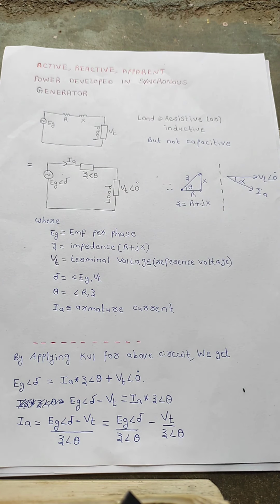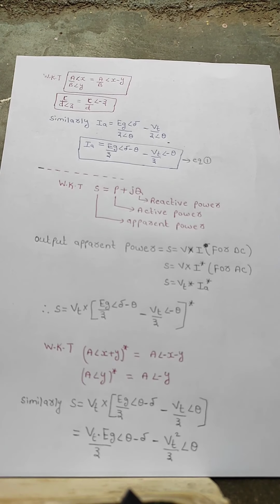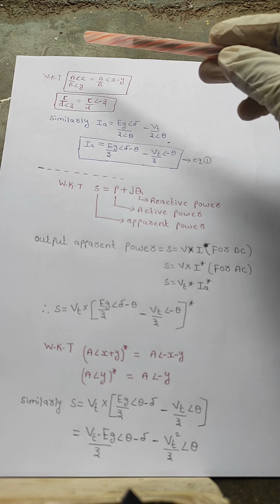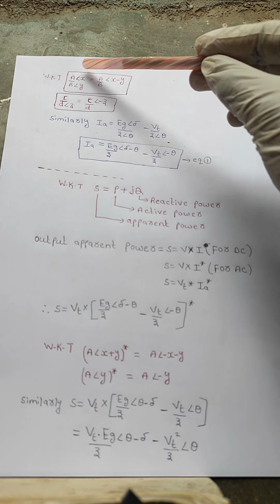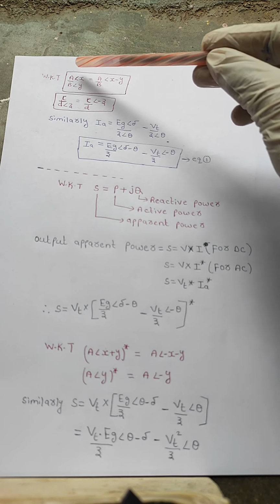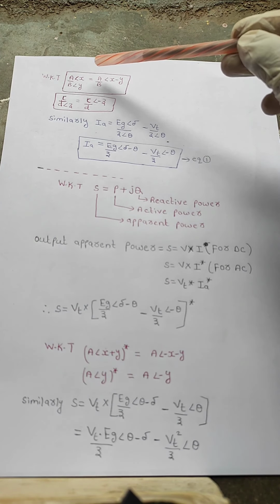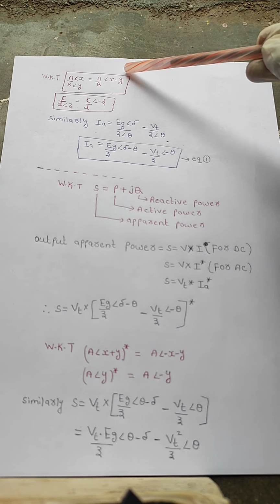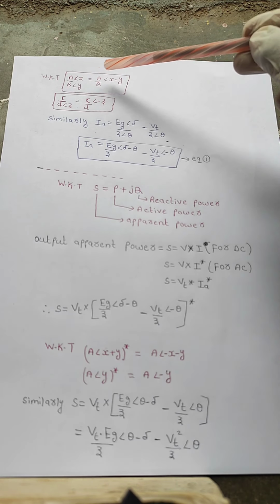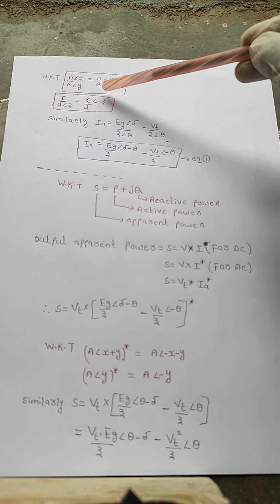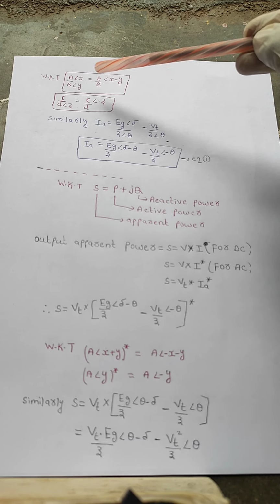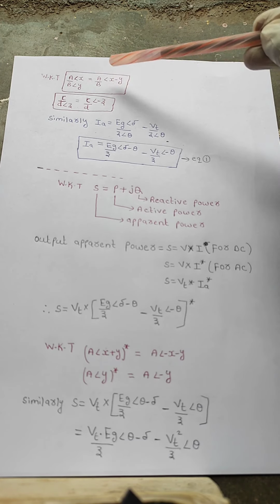Now one thing I would like to revise: if a angle x is divided by b angle y, we can write it as a by b angle x minus y. So the angle will be subtracted if the denominator is shifted to the numerator.